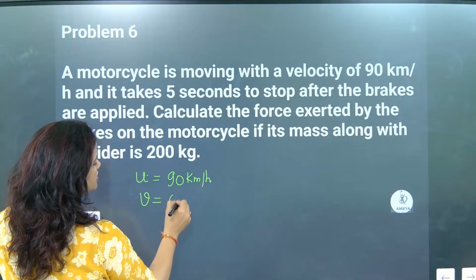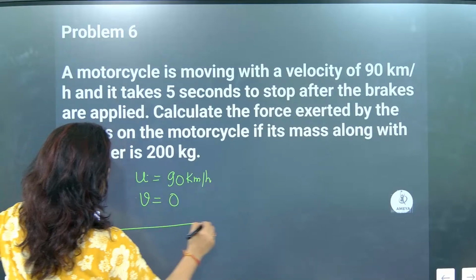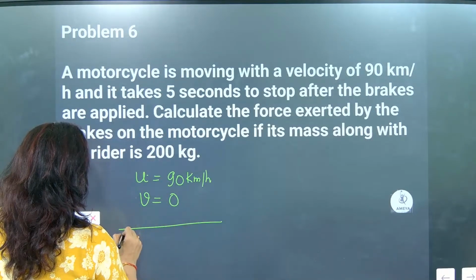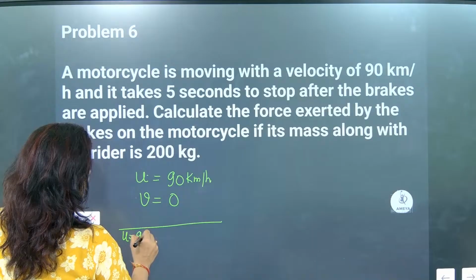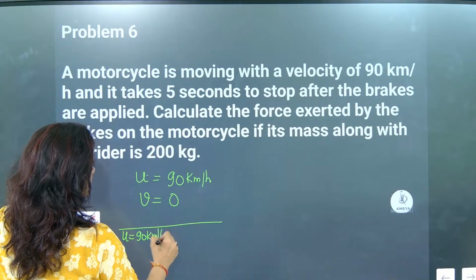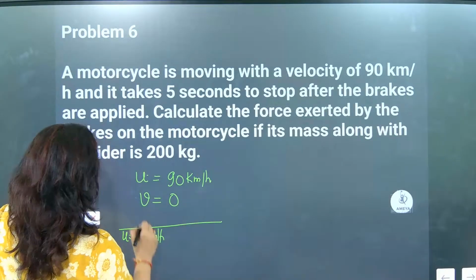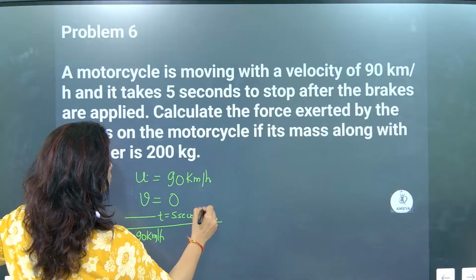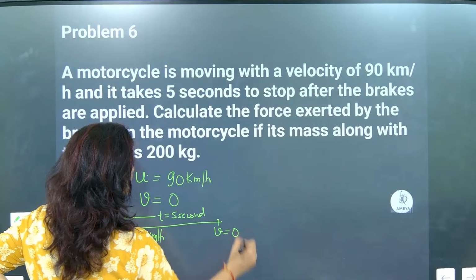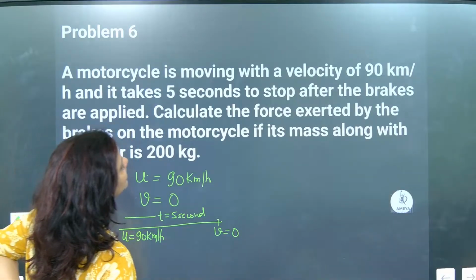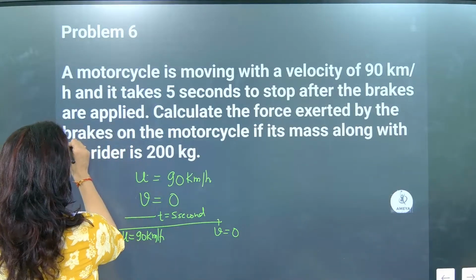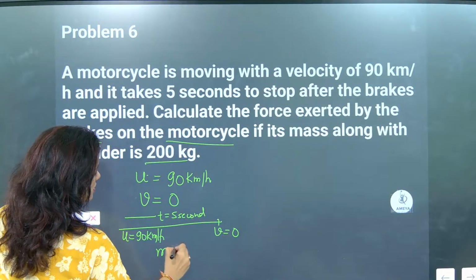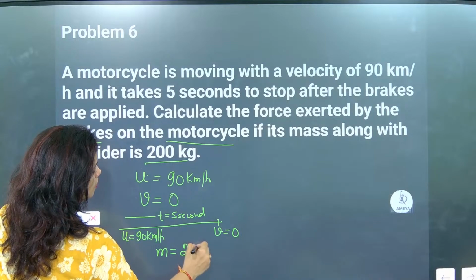Final velocity is 0 because the motorcycle is going to stop. Total time taken is 5 seconds. Calculate the force exerted by the brakes on the motorcycle. What is the mass given? Mass given is 200 kg.